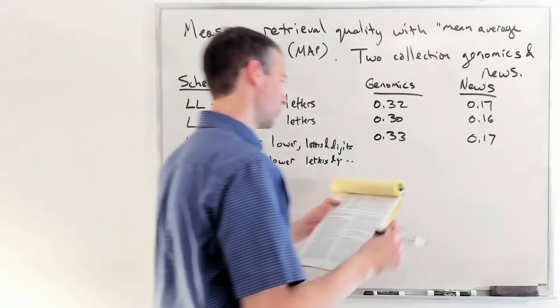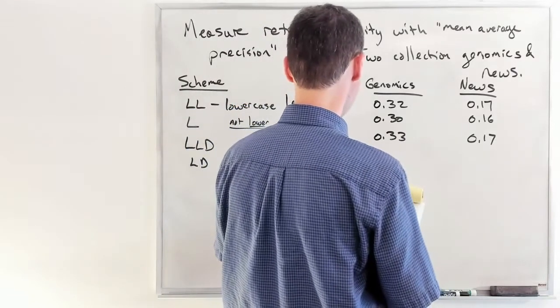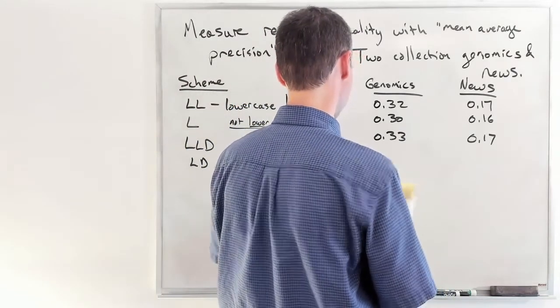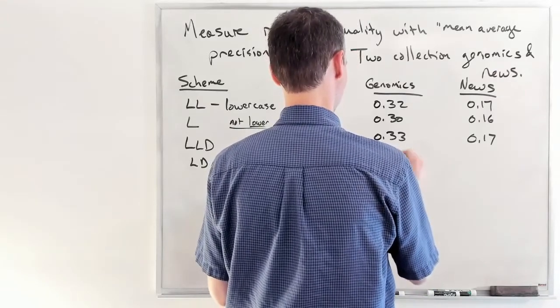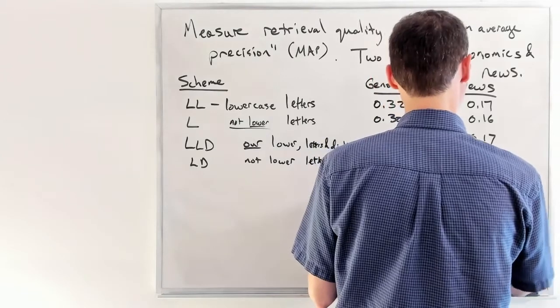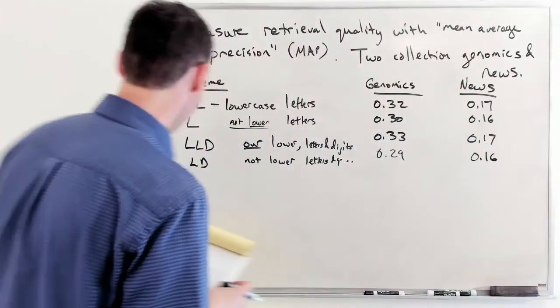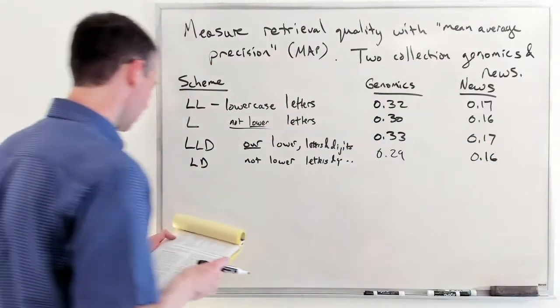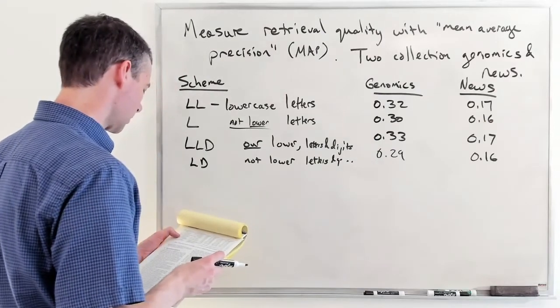Then this ends up at 0.29. Again, not lowercasing is hurting things. Then they have some other schemes, and I'm going to skip over them.